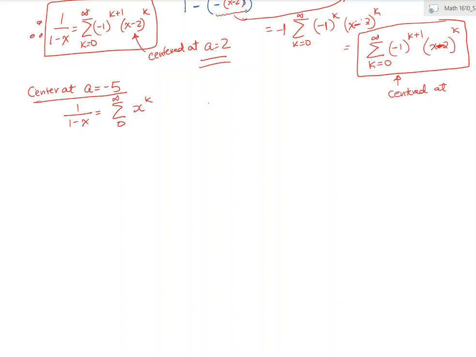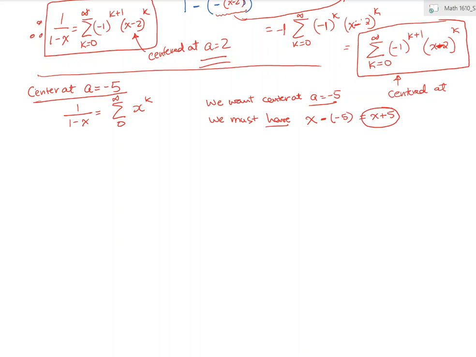Now if you want center at -5, we must have x minus a. So what is that? X minus a is -5. So that means I must have x plus 5 in the expression. So I am looking for x plus 5.